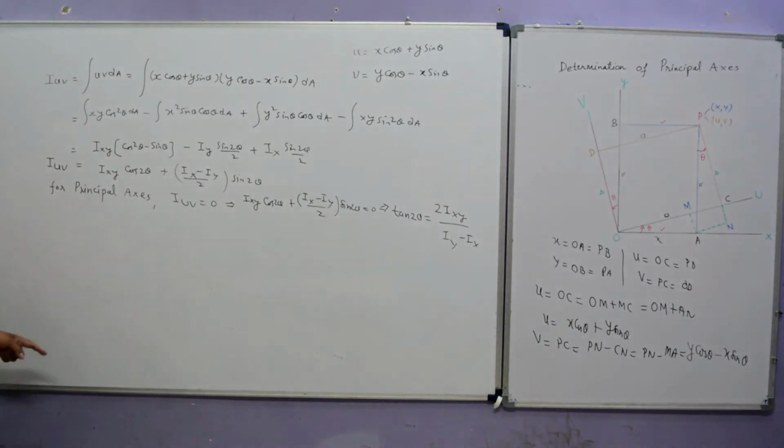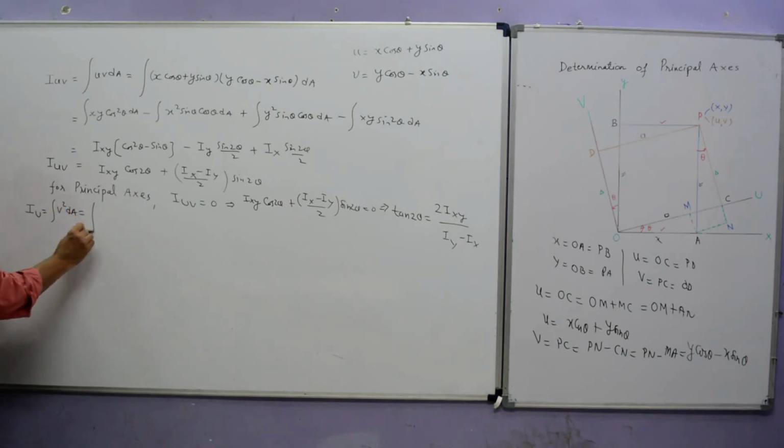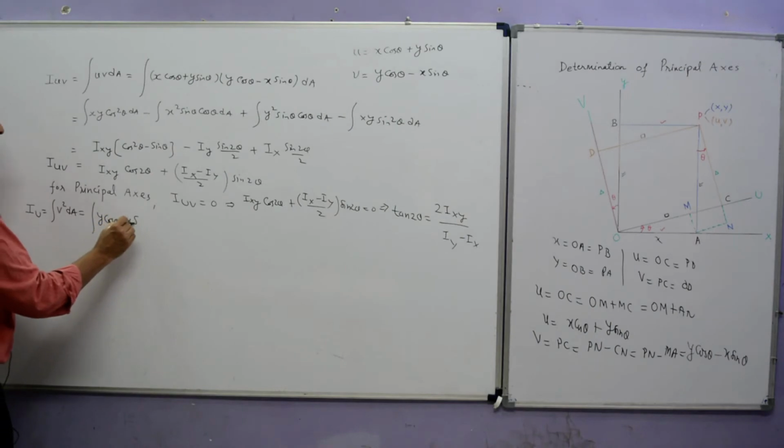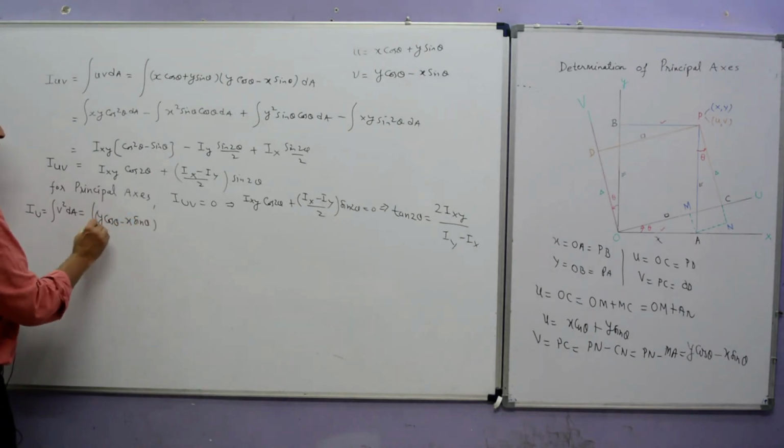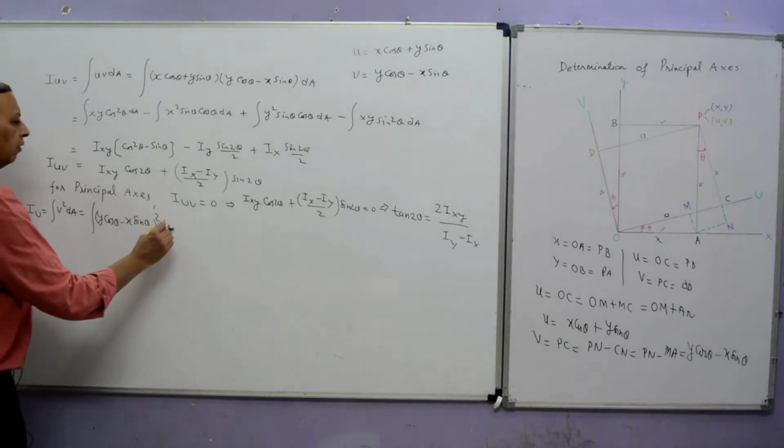Now we will derive the moment of inertia with respect to the principal axis. So Iu equals integral of v square dA, and we can write this as y cos theta minus x sin theta, squared, dA.